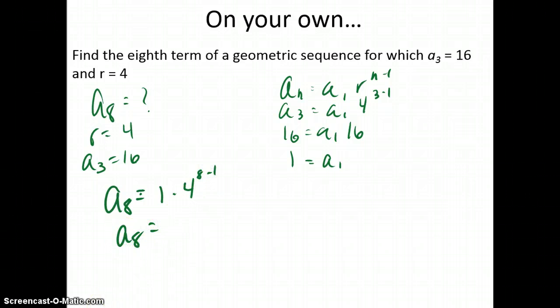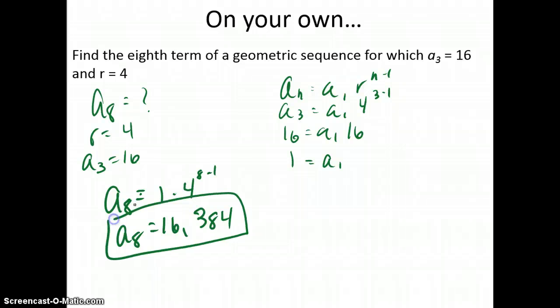So for a sub 8, you should have gotten 16,384. Notice these numbers are fairly large, and it makes sense because if you're multiplying by a number, you're increasing this exponentially. You are getting very large very quick because you're getting bigger and bigger and bigger. So don't be surprised when you get large numbers on this because it's very possible.